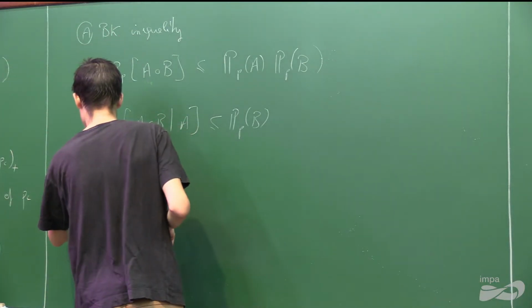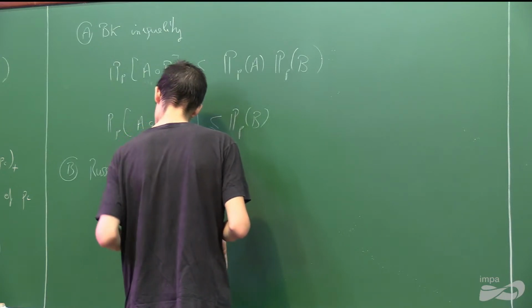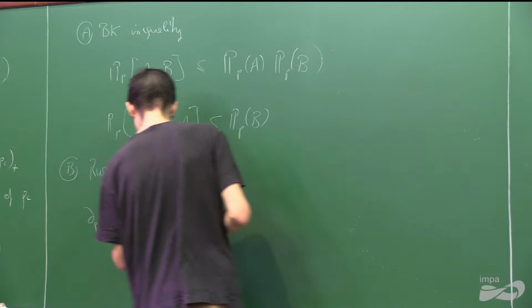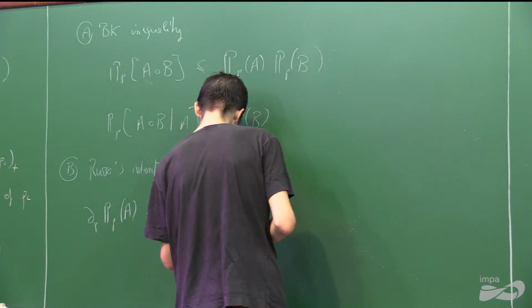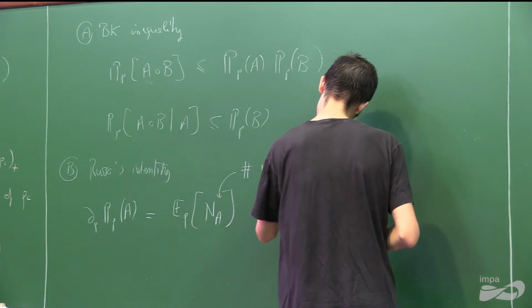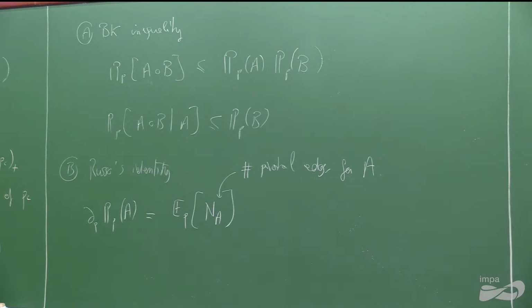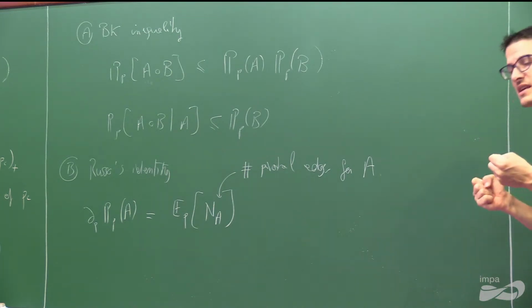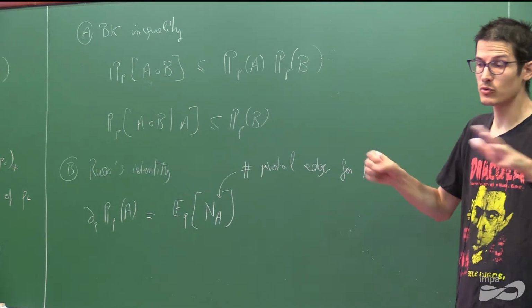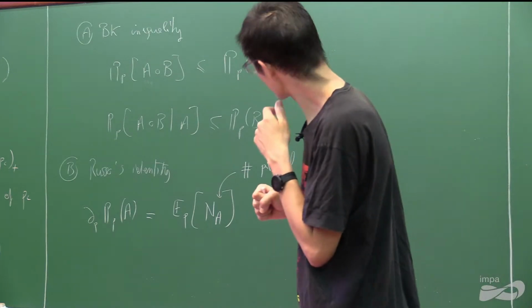And for the second part, we are going to use Russo's formula, Russo's identity, which says that the derivative of the probability of A is equal to the expectation of the number of pivotal edges for A. If you remember, pivotal edges are, roughly speaking, edges such that if they are closed, A is not satisfied, and if they are open, A is satisfied, when you're allowed to look at everything without knowing the state of this edge.